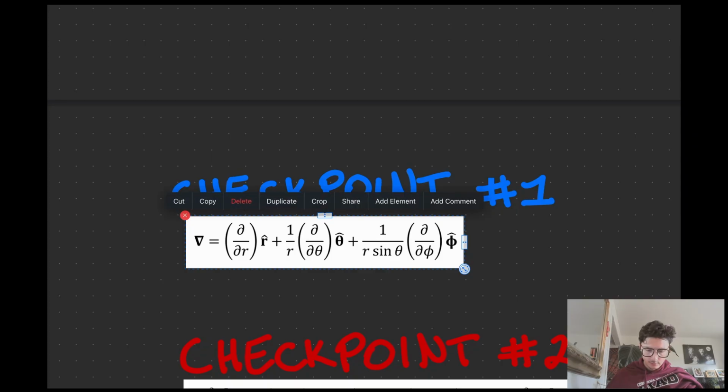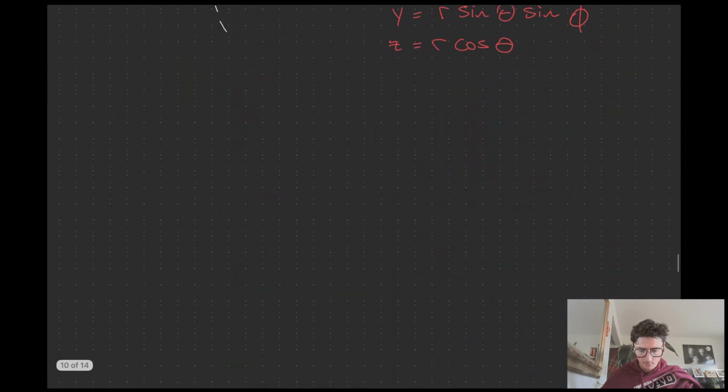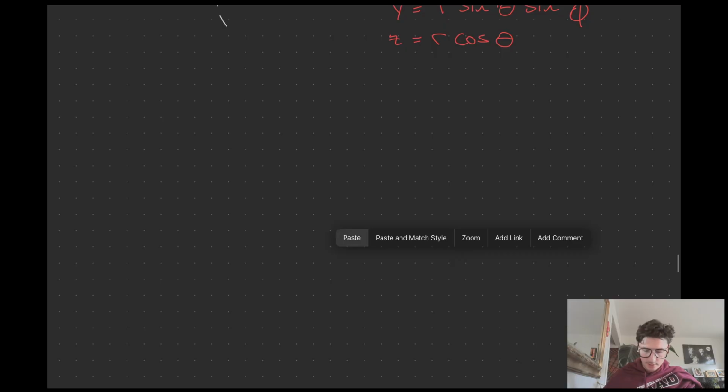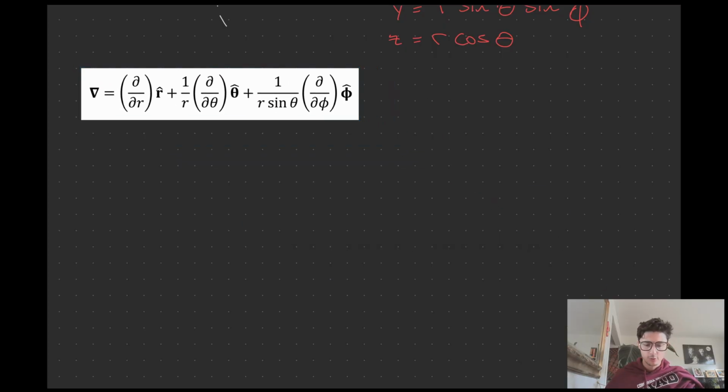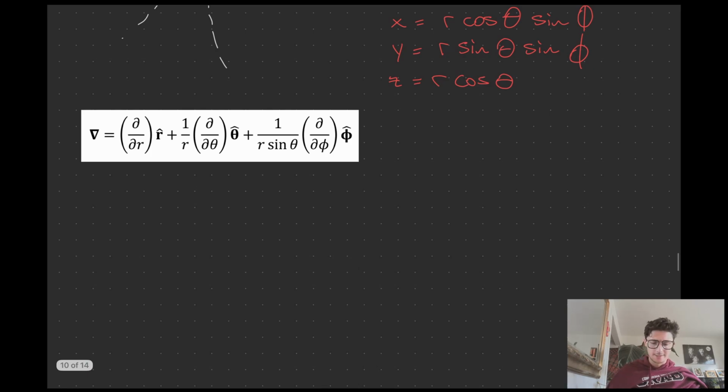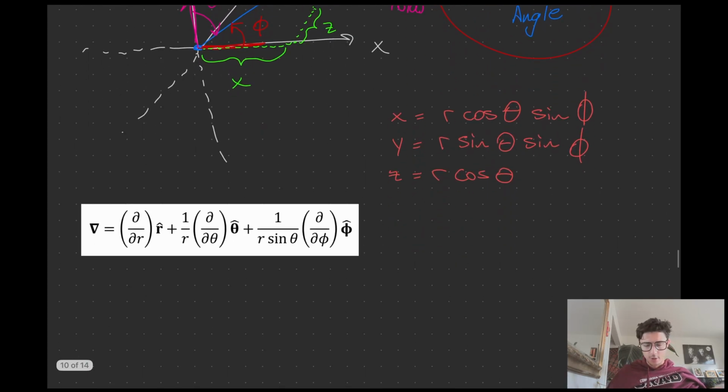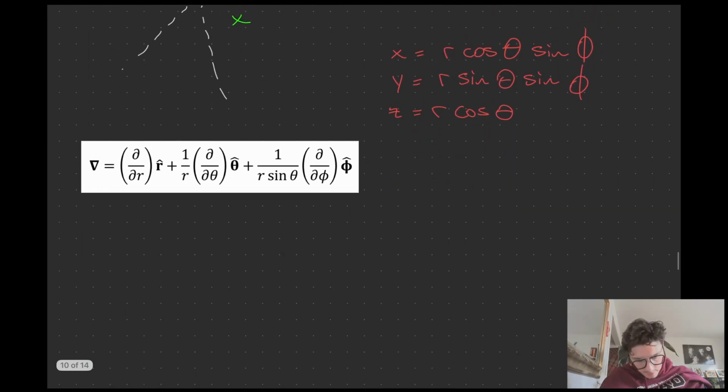Here it is. I'm just going to copy this and throw it down here. It's not too important to derive. Maybe we'll derive it in another video because it is pretty cool, but it's not too important for our case.